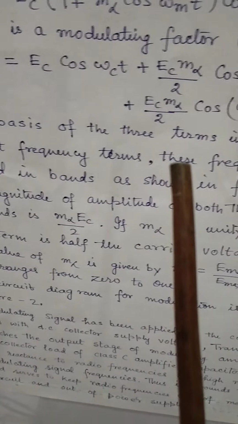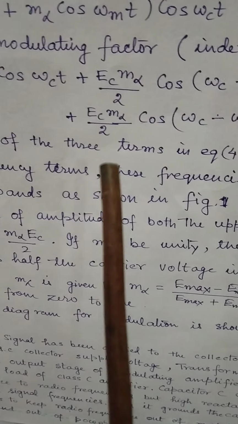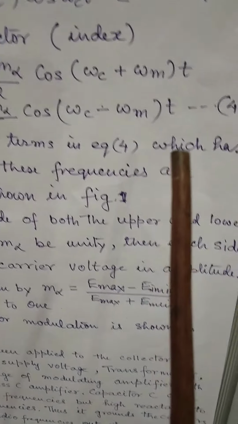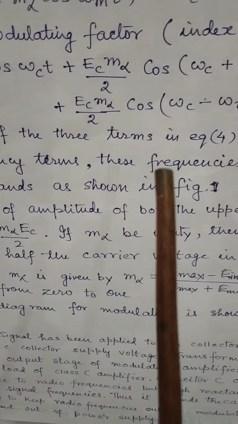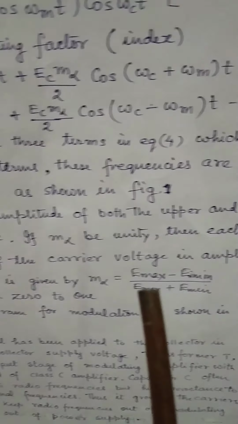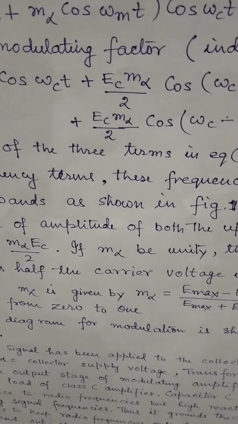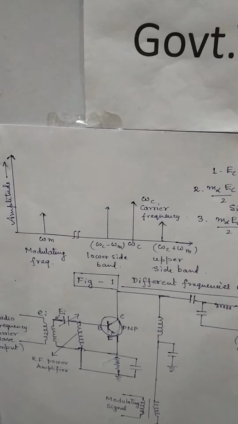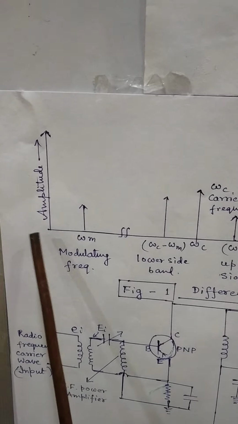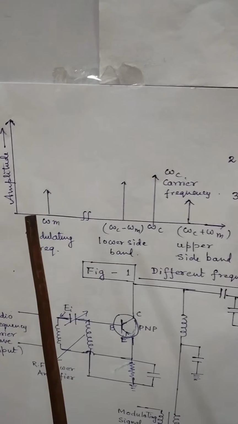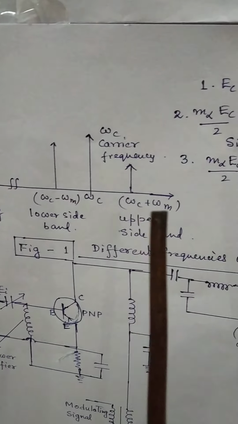Now, on the basis of the three terms given in equation 4, which have different frequency terms, these frequencies are arranged in bands as shown in figure 1. Along the y-axis we have taken amplitude, along the x-axis we have taken frequency.